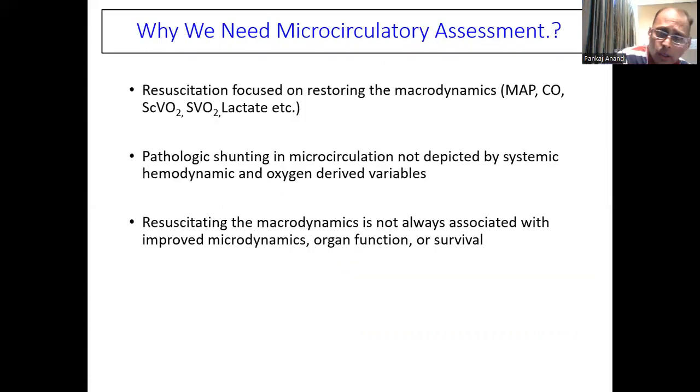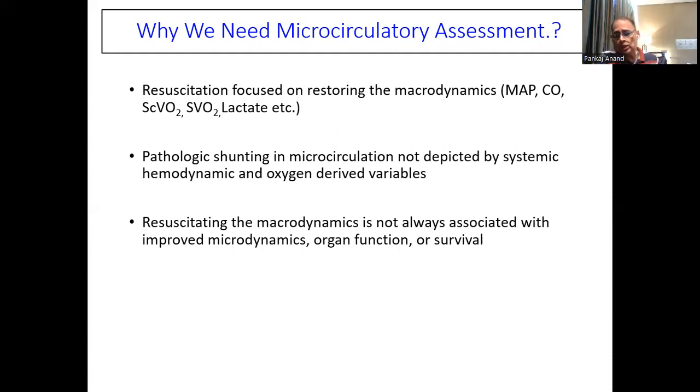So, my dear friends, why do we actually need to assess the microcirculation? As I said earlier, most of our resuscitation and monitoring strategies are focusing at restoring or monitoring the macrodynamics like the mean arterial pressure, cardiac output, your mixed venous saturation, etc. But the pathological shunting that is occurring at the microscopic level is many a times not manifested in the systemic hemodynamics and the various variables that are dependent on the oxygen derivation.